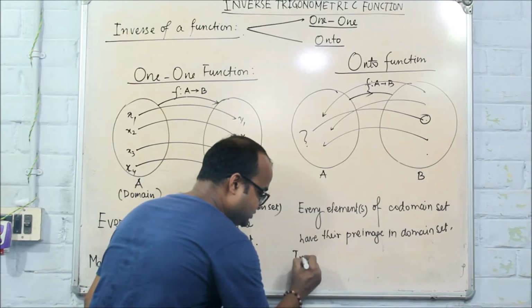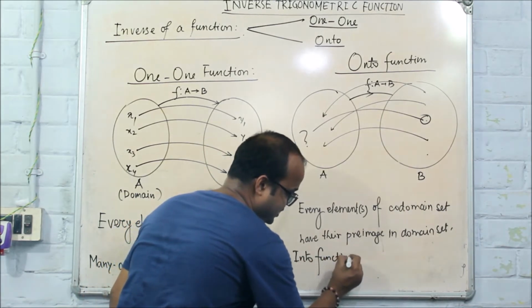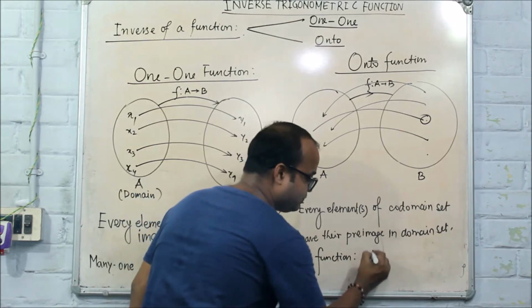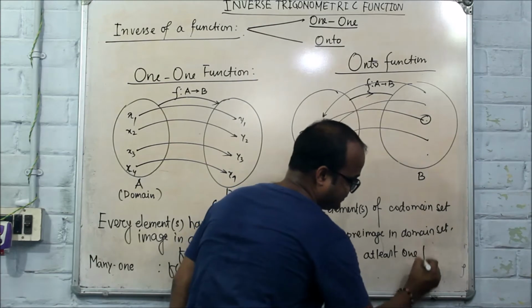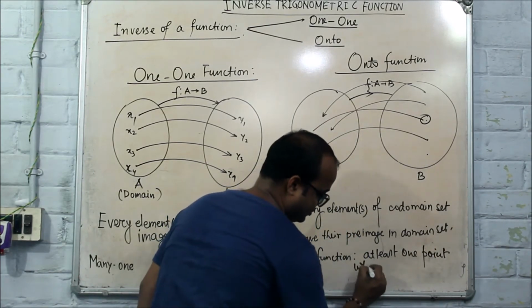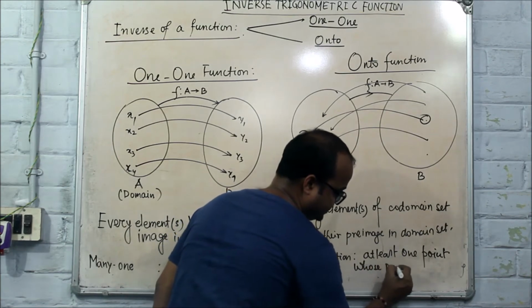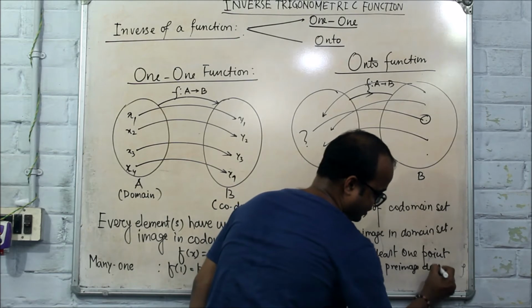So into function means you get at least one point whose pre-image does not exist.